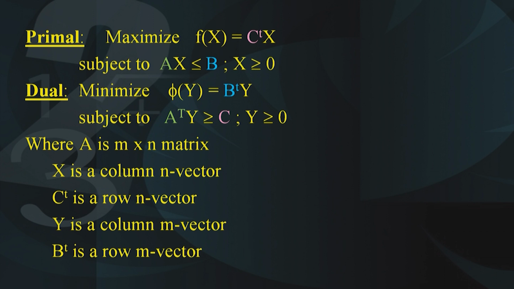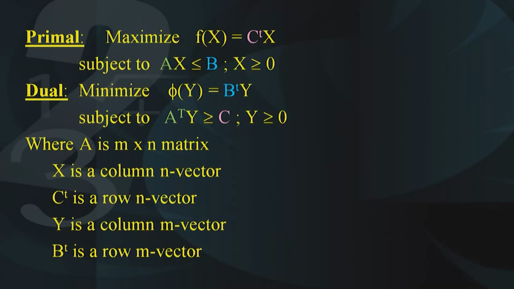You will observe that in the primal the vector x is a column n vector. That means that we have n decision variables, and in the primal the C transpose is a row n vector. So, when you multiply C transpose with x, you get C1 x1 plus C2 x2 like this. On the other hand, in the dual, y is a column m vector.